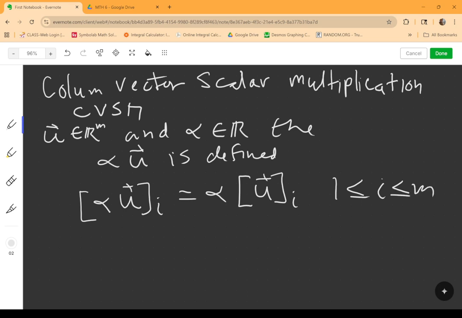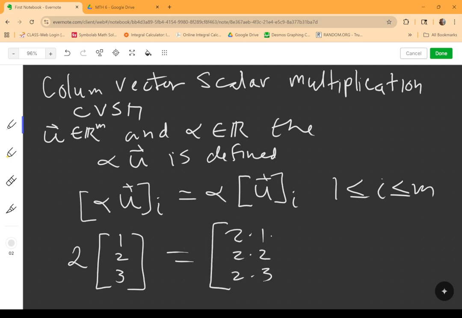So we define it component-wise. What that means is, if we have something like this, it's 2 times 1, 2 times 2, 2 times 3.